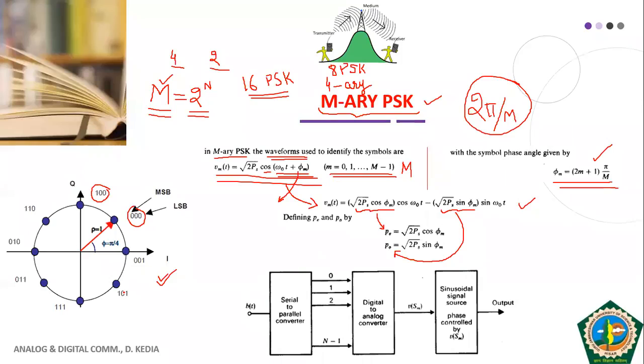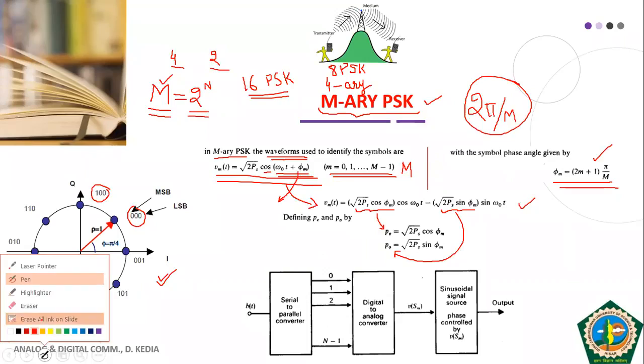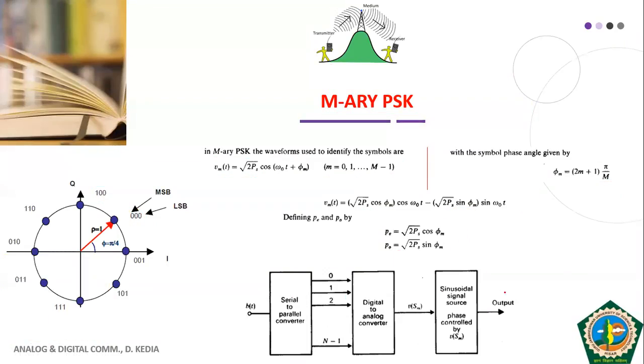Now if we look into the generation of the M-ary PSK signal, that generation has been shown in a schematic way, because this is a generalized representation. After looking into the details of BPSK and QPSK, things can be generalized easily.